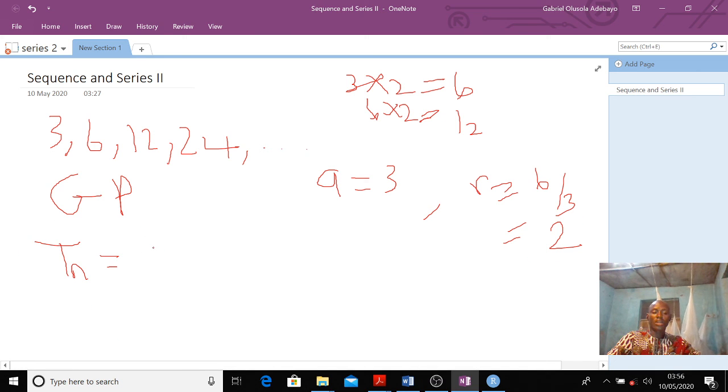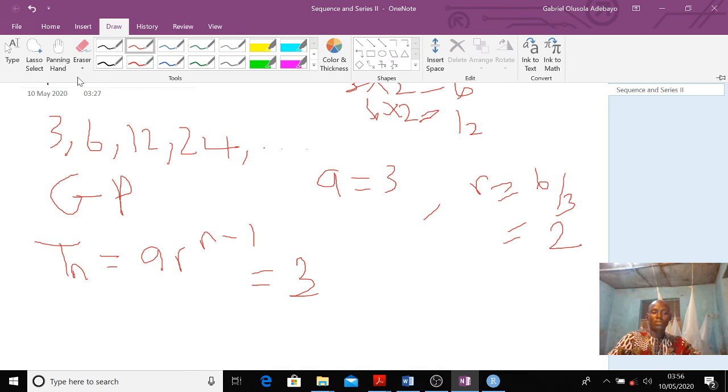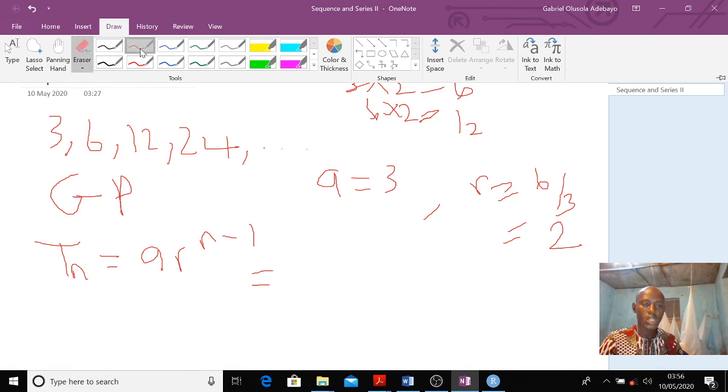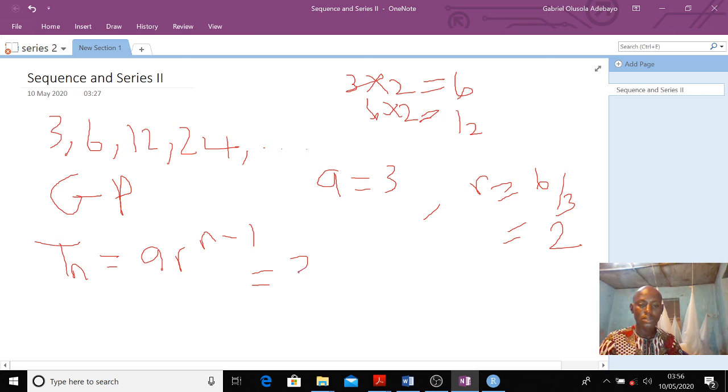So our formula is ar to the power n minus 1, which is 3 times 2 to the power n minus 1.